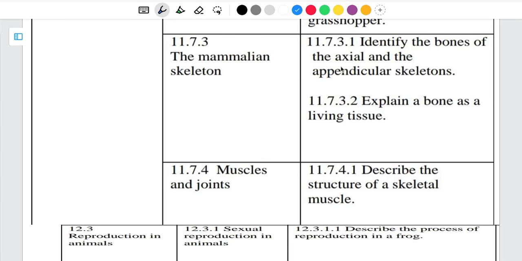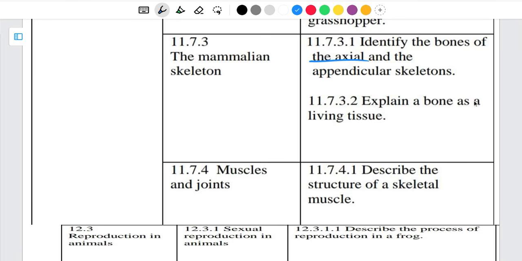So the axial skeleton consists of the skull, made up of the cranium, and then for the appendicular skeleton, it consists of the girdles, like the pelvic girdle, the one which also connects to the trunk, which is the thorax.